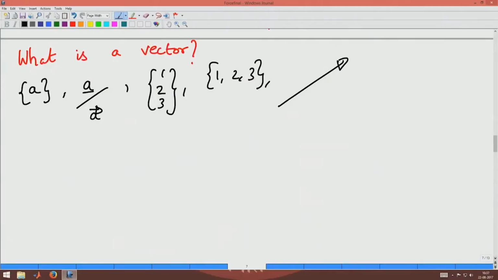For mathematicians, any of these 5 choices represents a vector, but for mechanics purposes, when we say a vector, we mean a directed line segment. This is what we mean by a vector, okay.